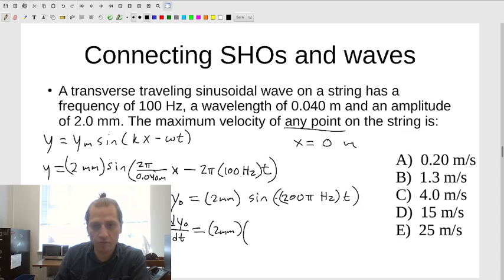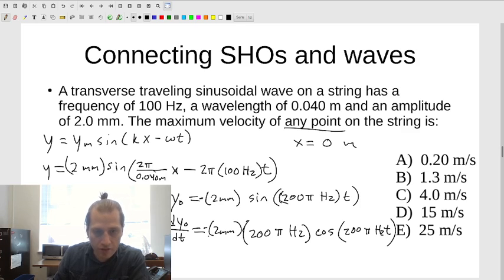So sine of minus anything, the minus would come out here, and then this would be minus 2 millimeters times, I would use my chain rule, I would get 200 pi hertz, and then cosine of 200 pi hertz times t.